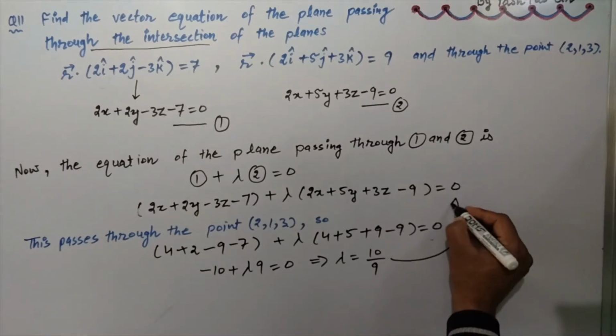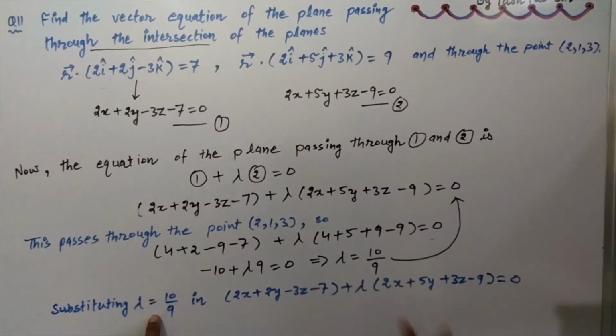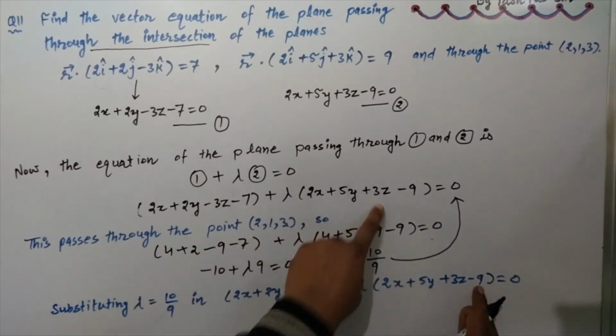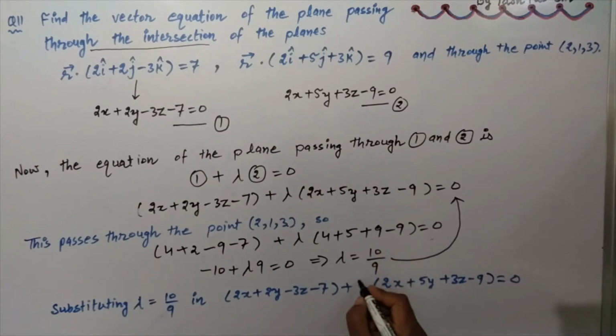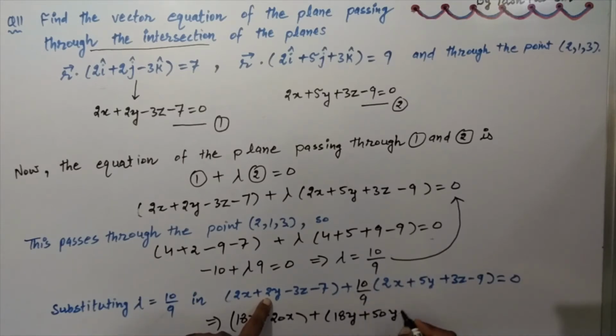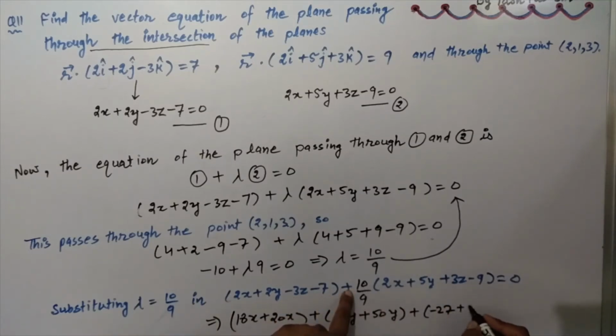Now we substitute this value here. Substituting lambda equal to 10 upon 9 in 2x + 2y - 3z - 7 + lambda (2x + 5y + 3z - 9) = 0, this gives us 9 into 2, 18x, plus 10 into 2, 20x; 9 into 2, 18y, plus 10 into 5, 50y; minus 9 into 3, minus 27, plus 10 into 3, 30z; then minus 9 into 7, minus 63, minus 10 into 9, minus 90, is equal to 0.